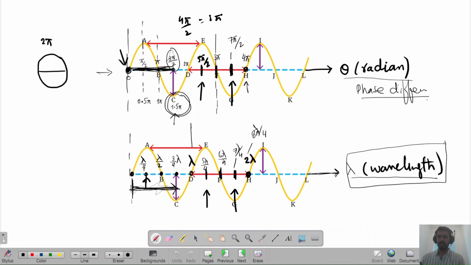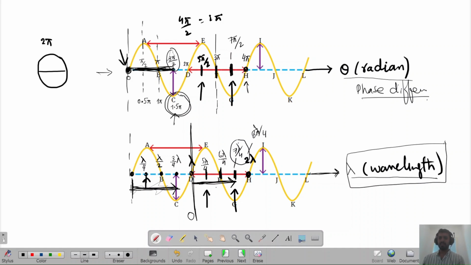Let's say we start at this point D. So we are starting at 1 complete lambda, but now since this is our origin, we can call it 0, and then a path difference of 3 over 4 lambda will correspond to this point right here, which is 7 over 4 lambda, right?